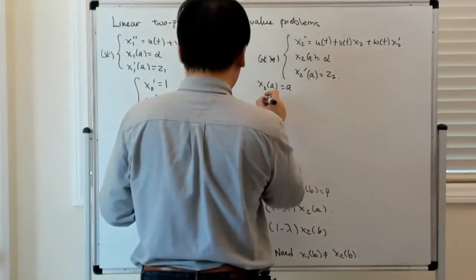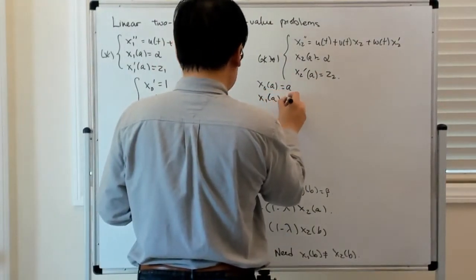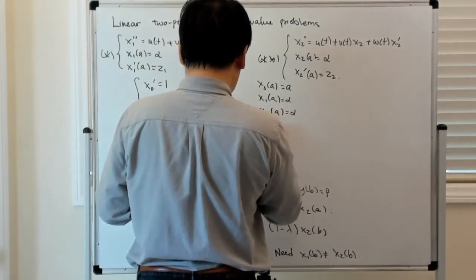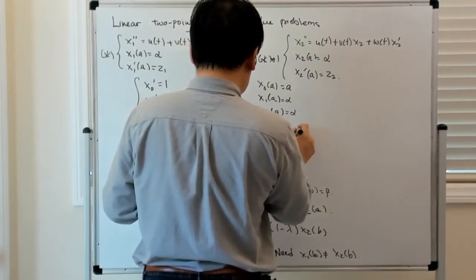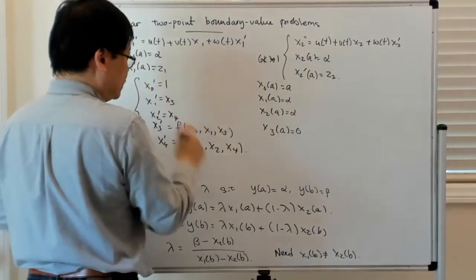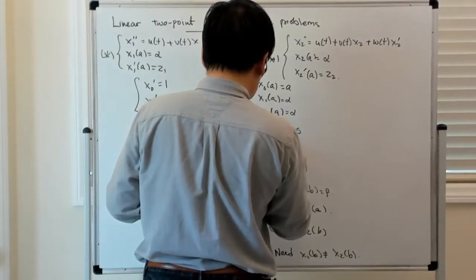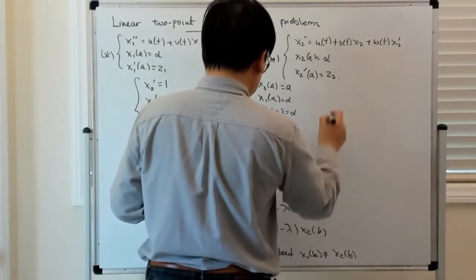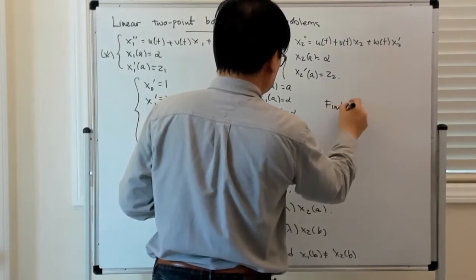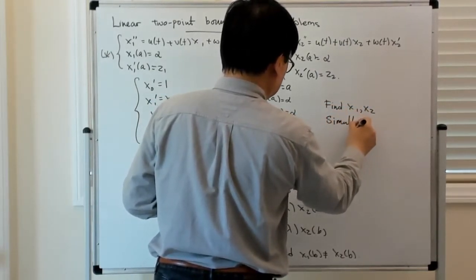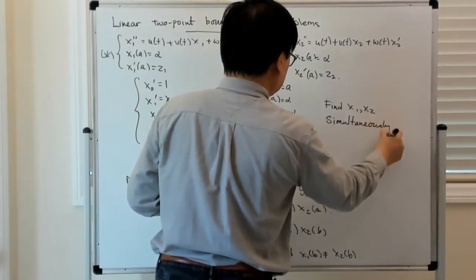It's a copy of time, we recall. x1 of a is alpha, x2 of a is alpha, x3 of a is 0. So I'm going to set one of the initial velocities to 0 and the other initial velocity to 1. And then I can find x1 and x2 simultaneously.